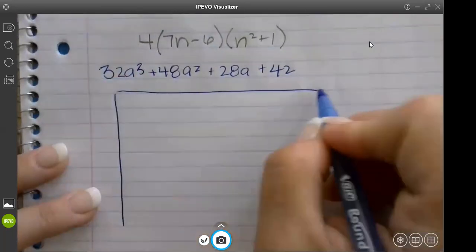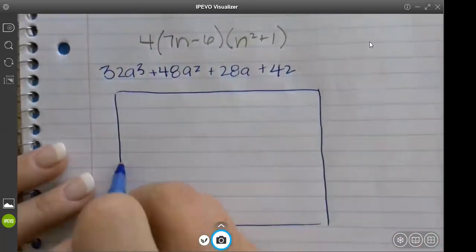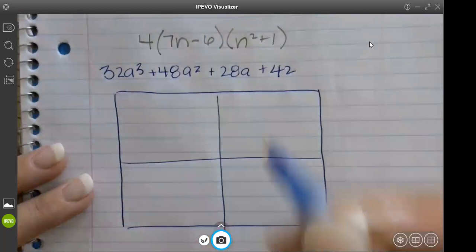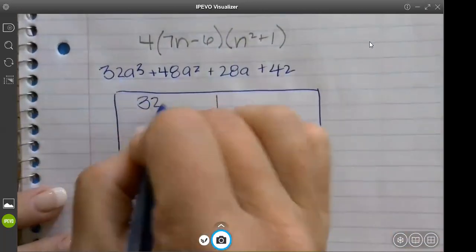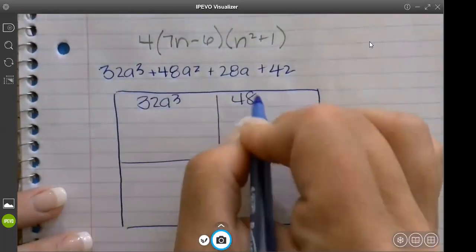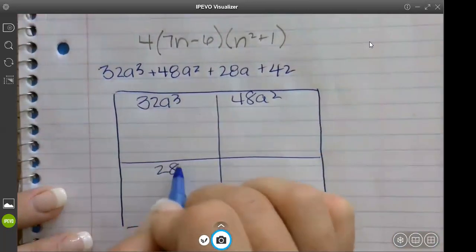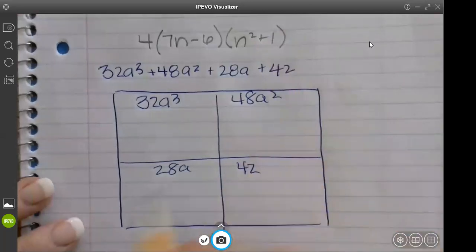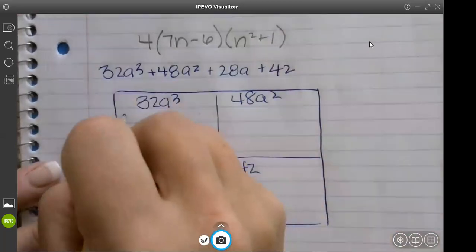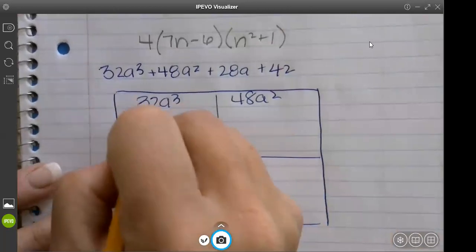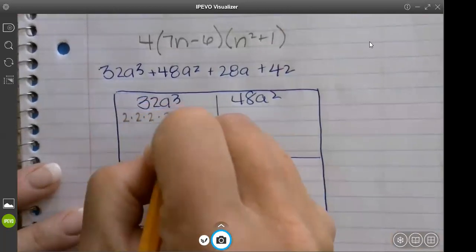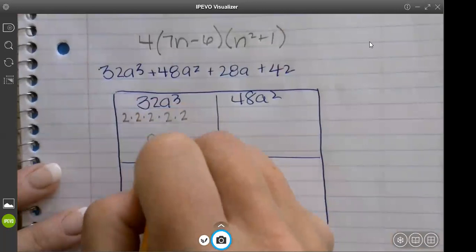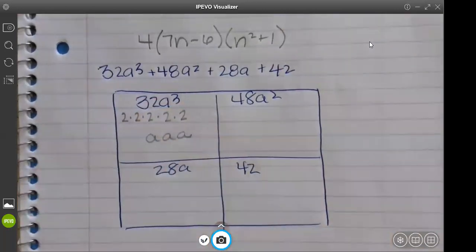Make this big box. We have 32a cubed, 48a squared. Everything is positive, so your answer should be all positive. 32 is 8 times 4. 8 is 3 2's. 4 is 2 2's. And 3 a's.